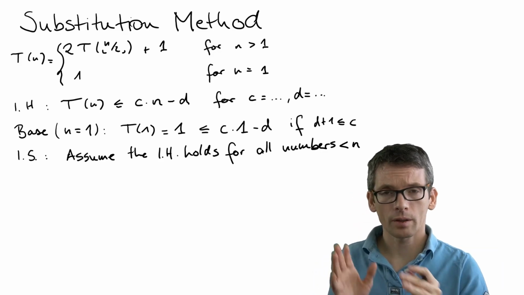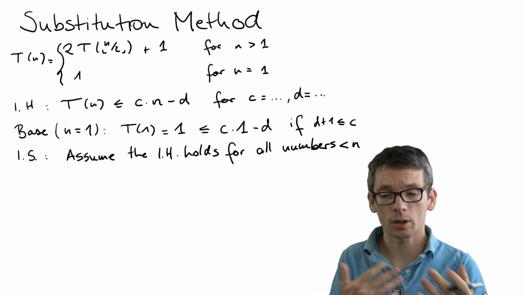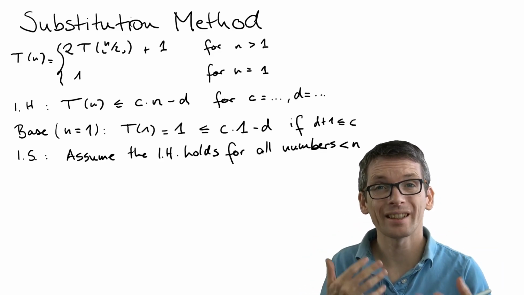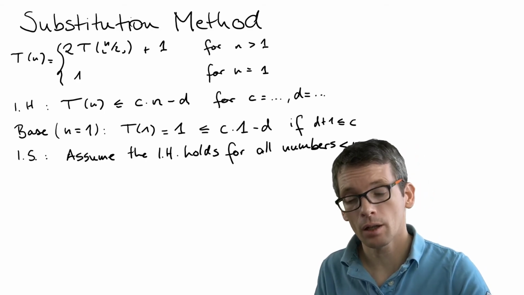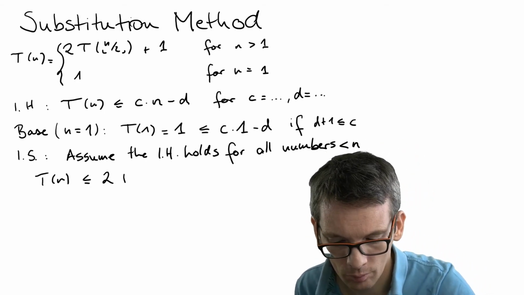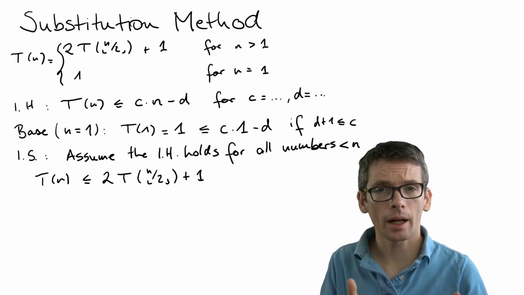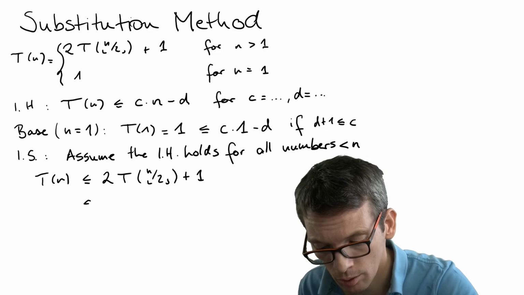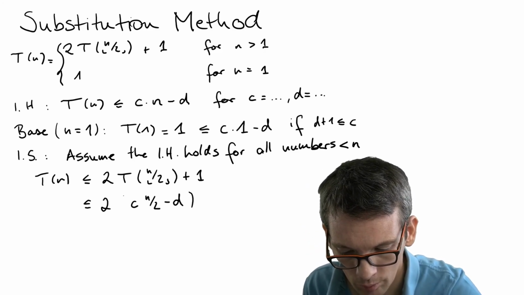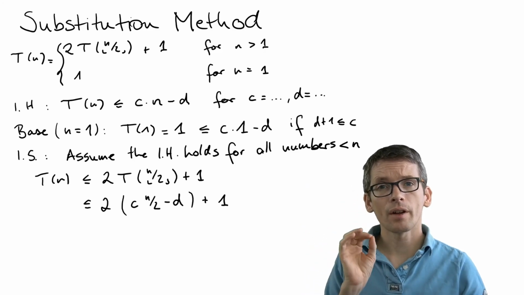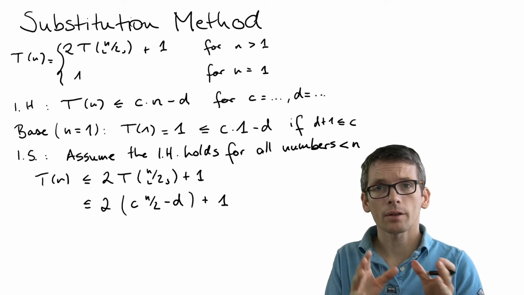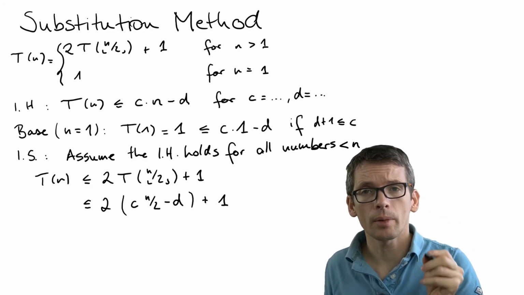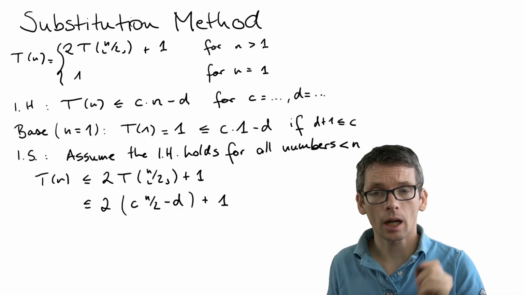We assume that the induction hypothesis holds for all numbers smaller than n. We now want to prove that it also holds for n. We start with T of n, use the recurrence. n half is smaller than n, so we can apply the induction hypothesis. Now be very careful that if you have a lower order term, then you need to make sure that you also use it in your induction.